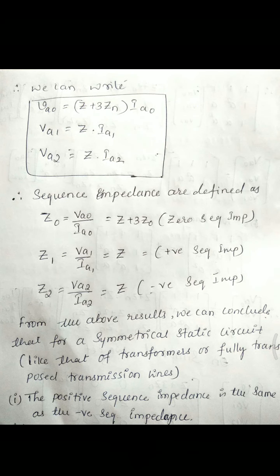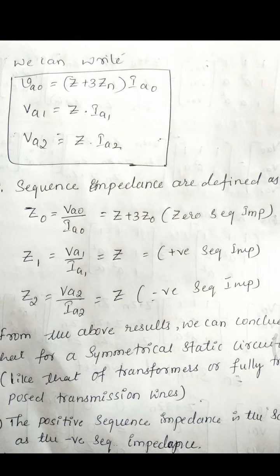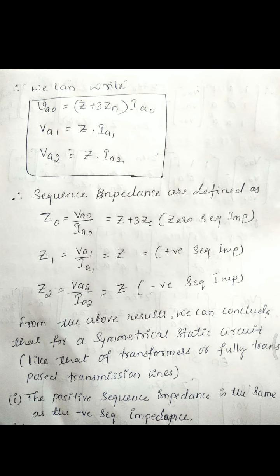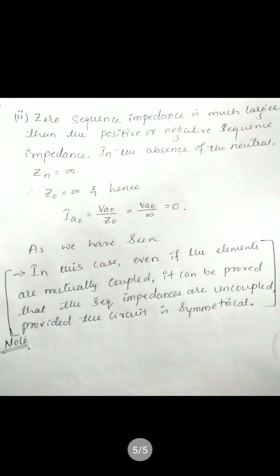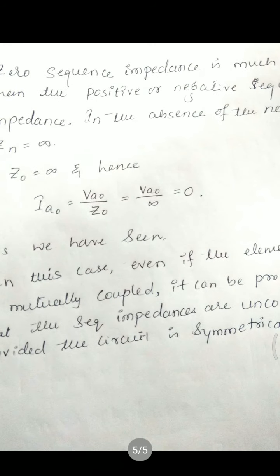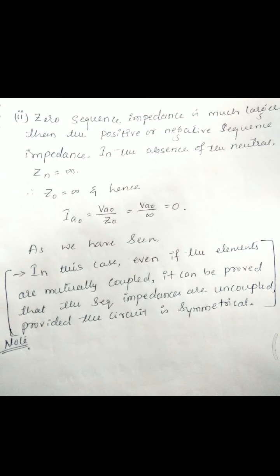So from the above equations, what we can conclude for a symmetrical static circuit, like transformers or fully transposed transmission lines, remember this, is two points. First, the positive sequence impedance is the same as the negative sequence impedance, and second, the zero sequence impedance is much larger than the positive or negative sequence impedance.